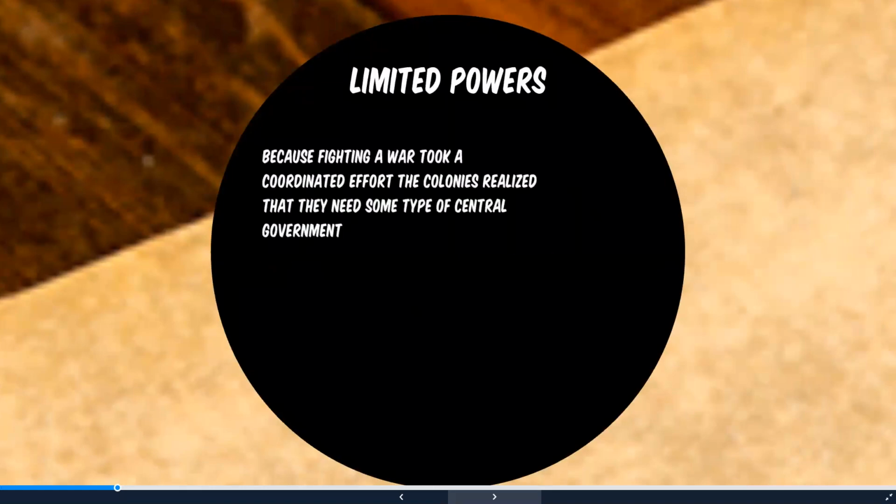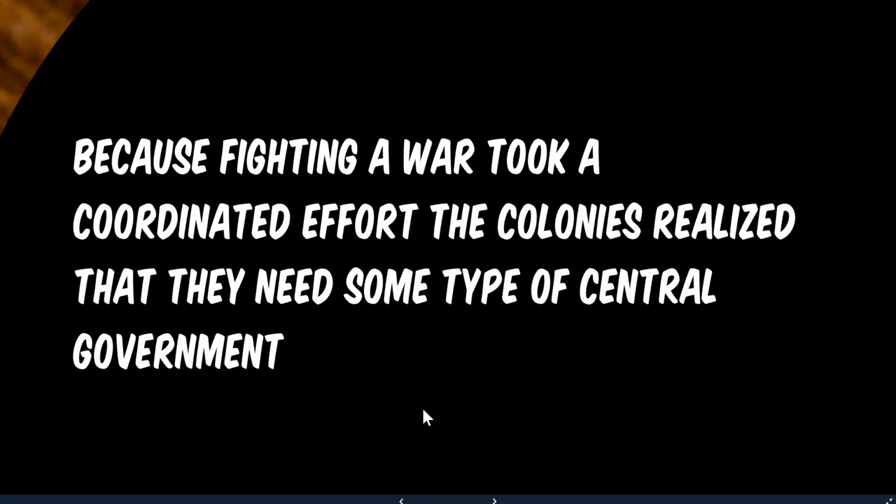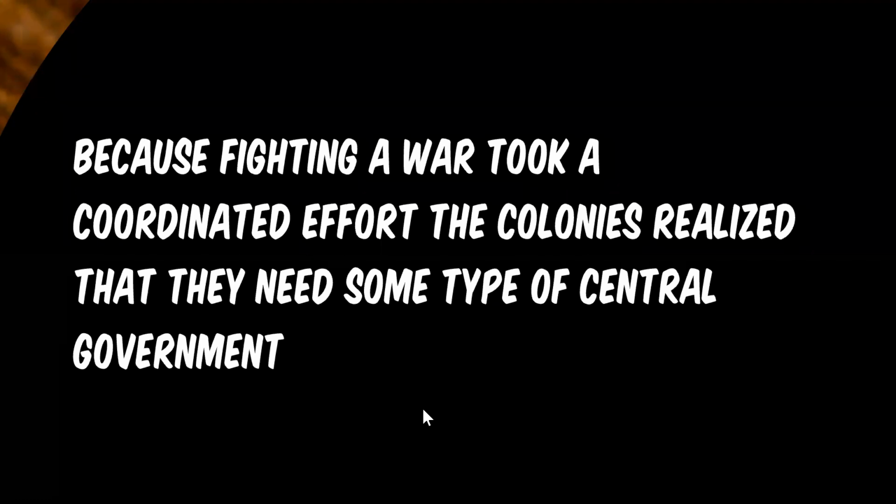And as they were fighting the war, they realized that if we're going to fight a war, and we've got these 13 colonies, as much as we hate a central government, we do need at least some type of central government, because we need to organize. We need to get organized. If the 13 colonies are going to fight a war with England, then we need to get organized.